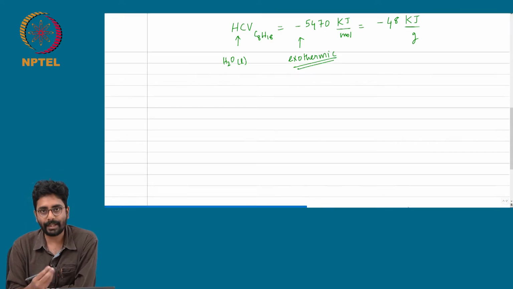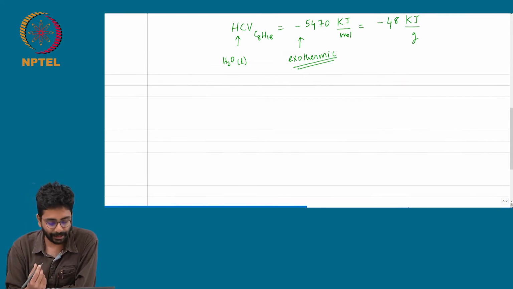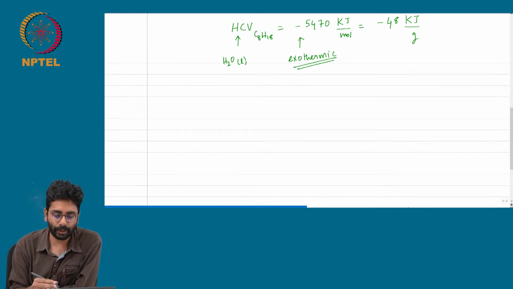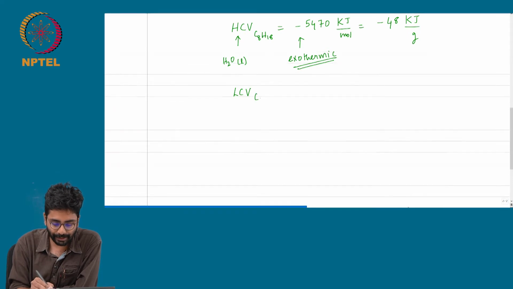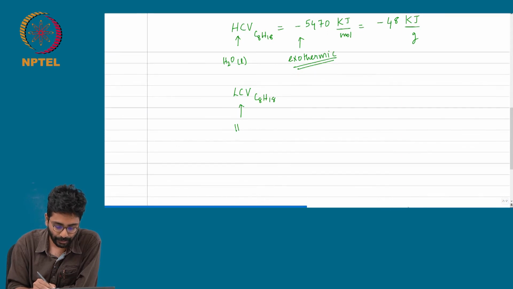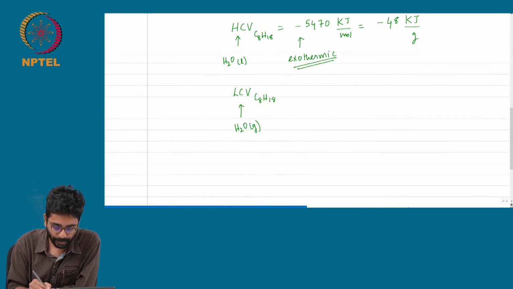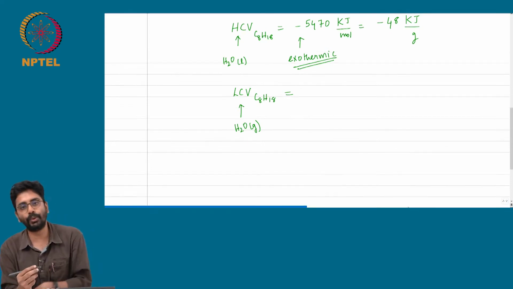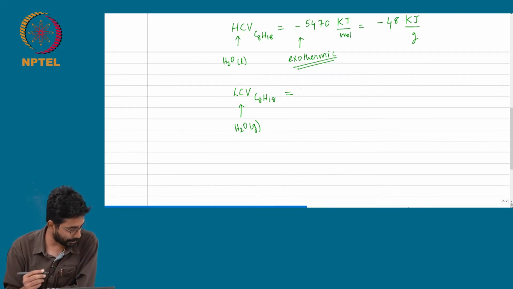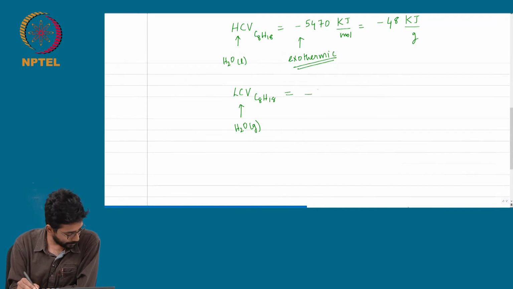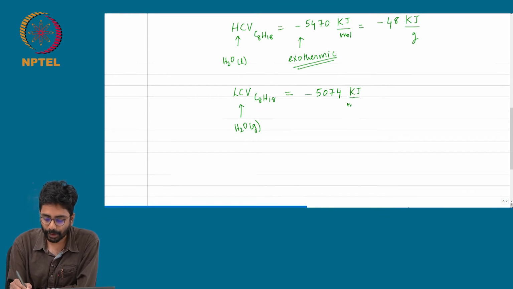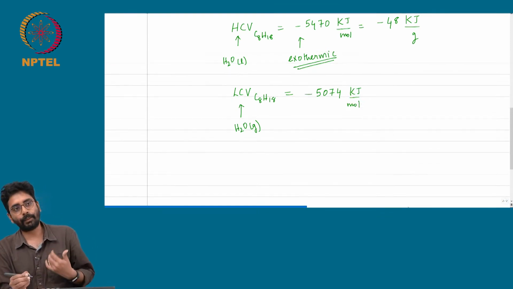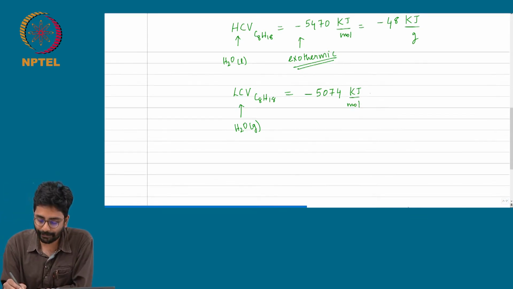But in reality, the combustion products are usually at a temperature that is much higher than the boiling point of water, and water usually exists as steam in real applications. Under such conditions, the energy that can be extracted by combustion of this fuel, when the water is in water vapor form, you should use the formation enthalpy for steam instead of liquid water. If you plug in that number in the equation that I showed in the previous page, you will get 5074, slightly lower energy, because the energy that is required for converting liquid water into steam has been taken from the fuel itself.